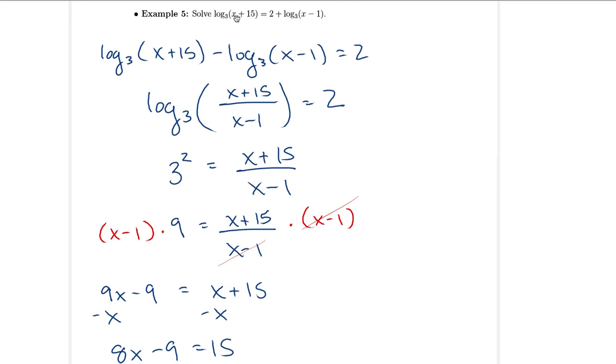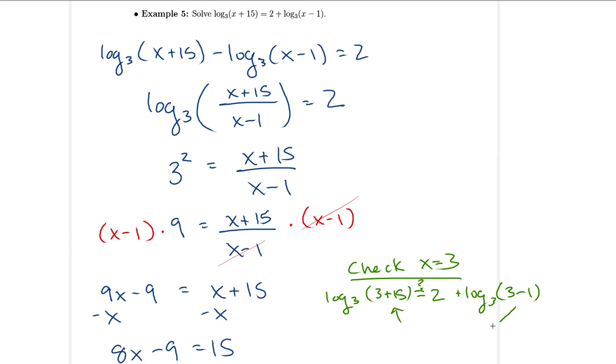So in the original, log base 3 of 3 plus 15, does that equal 2 plus the log base 3 of 3 minus 1? And I could go through and put that in my calculator, make sure the left equals the right and everything, that's fine. But the fact that these are positive means that we are okay. And x equals 3 is our solution.